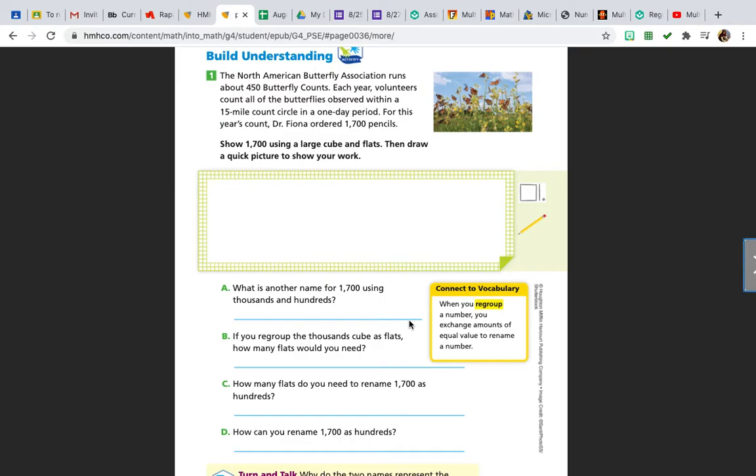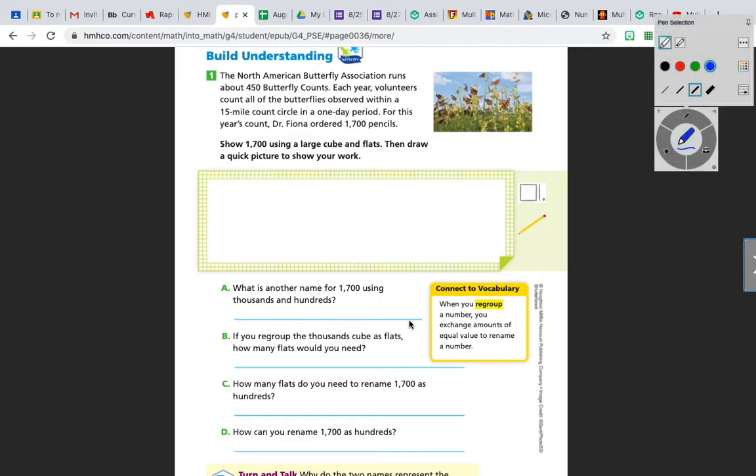Each year, volunteers count all the butterflies observed within a 15-mile count circle in a 1-day period. For this year's count, Dr. Fiona ordered 1,700 pencils. So guys, they've given us a lot of information. They've given us 2 or 3 numbers. They've given us 450, 15 miles, and 1,700.